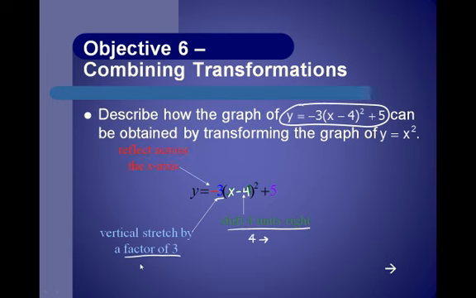The next thing we're going to look at is the negative out in front. The negative out front means we're going to reflect it across the x-axis. And then the last thing we're going to look at is the positive 5 means we're going to shift it 5 units up.